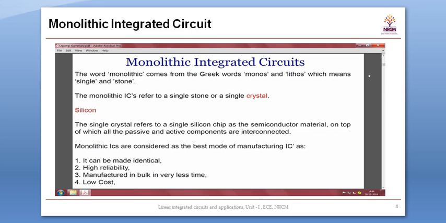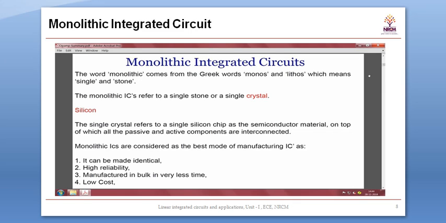Hybrid ICs are further classified into two categories, that is thin film IC and thick film IC. When suitable material is evaporated on a substrate in forming resistors, capacitors and interconnections, then a thin film hybrid IC is obtained.